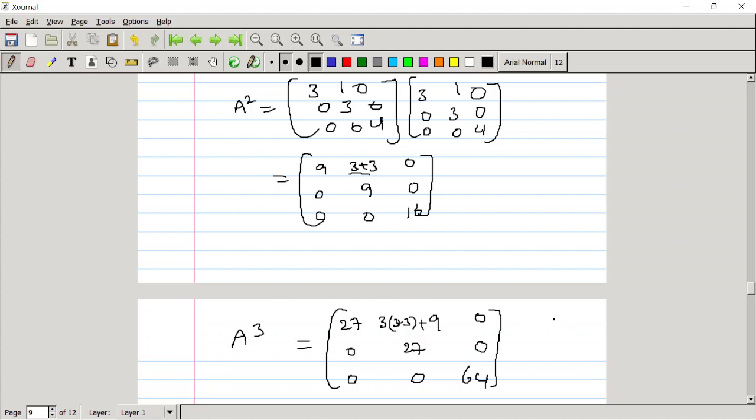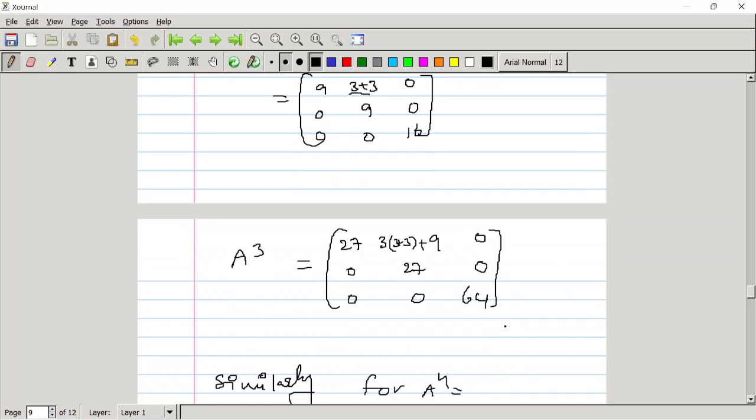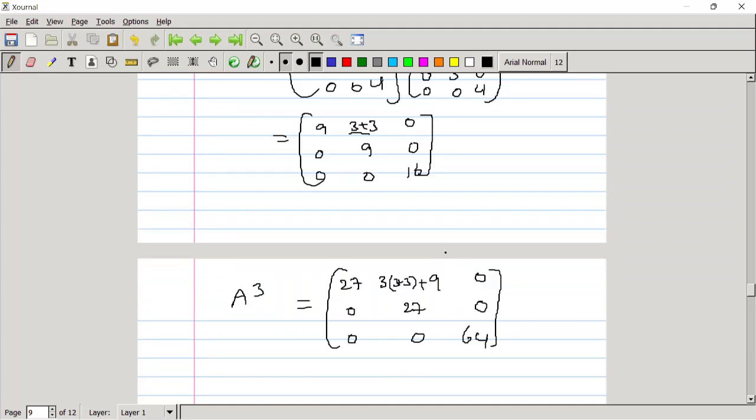This is not n into 3. So can anybody tell what is the pattern here? For a square we get 3 plus 3. For a cube we get 9 plus 9 plus 9. Can anybody tell what is the idea? This is for a square, this is for a cube. Similarly for a power n, what can we get?